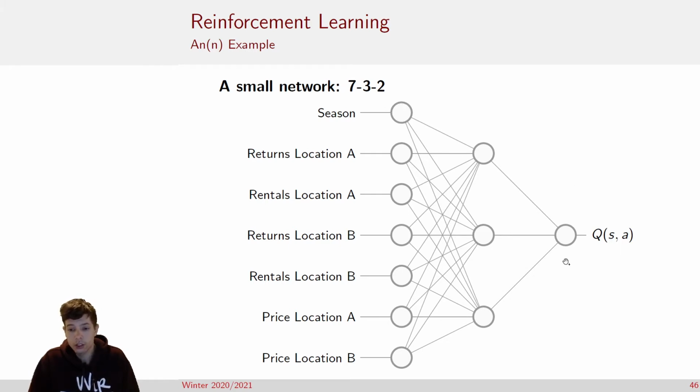In this case, we do not want to forecast the probability, but we want to forecast our value function. So what is the value of our current cash flow plus all the discounted future cash flows? So potentially a rather large number.